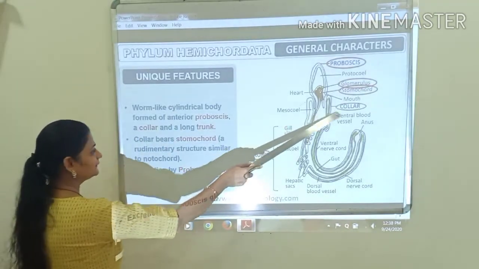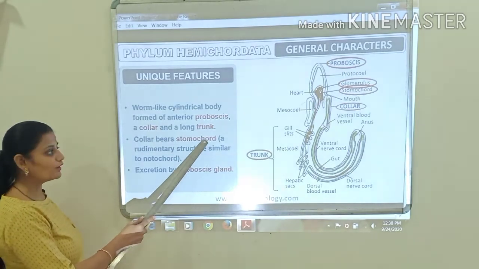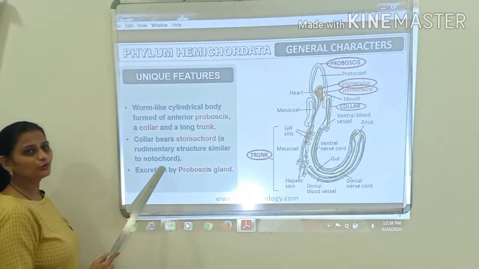Now the collar, it bears stomochord. What is stomochord? It is a rudimentary structure similar to notochord.